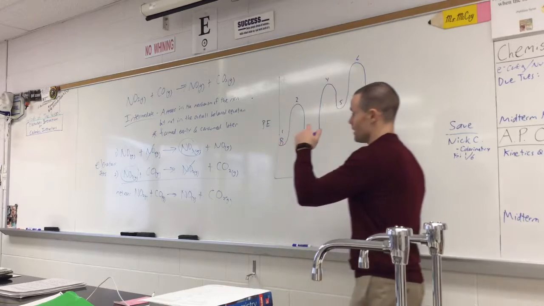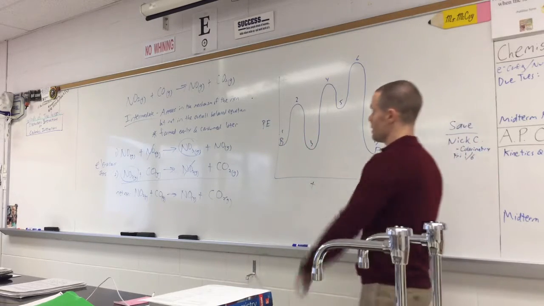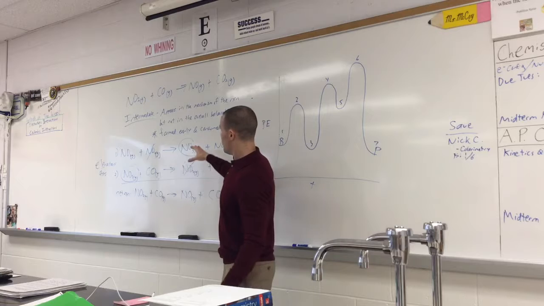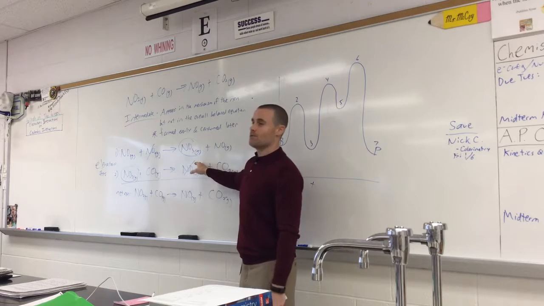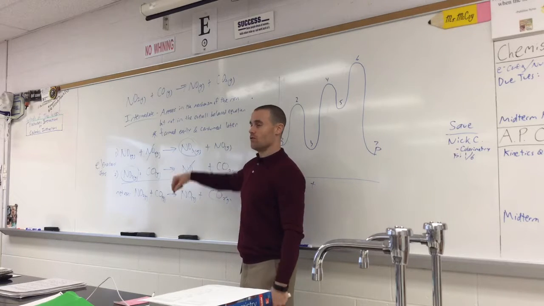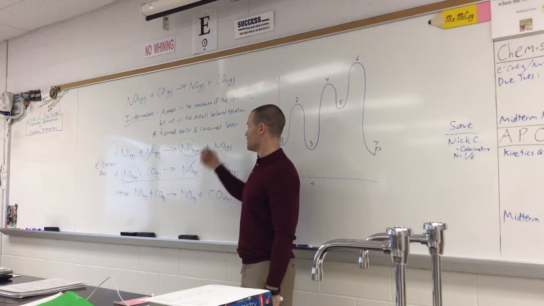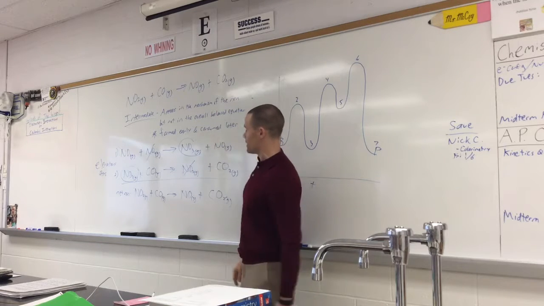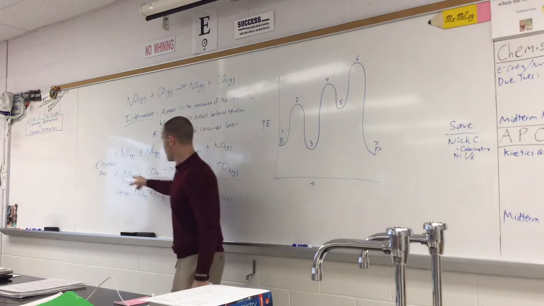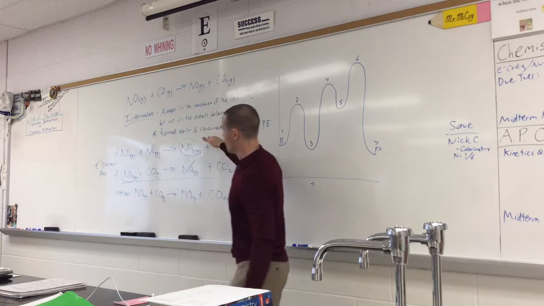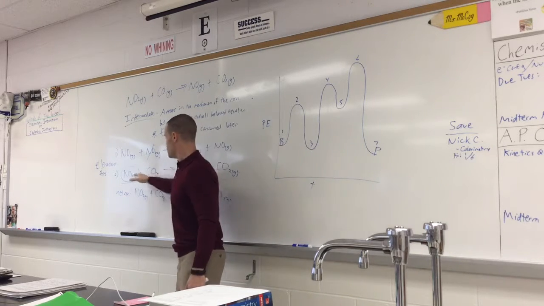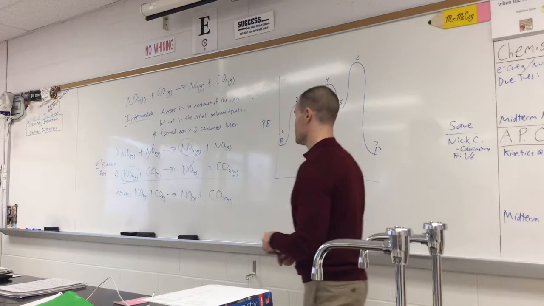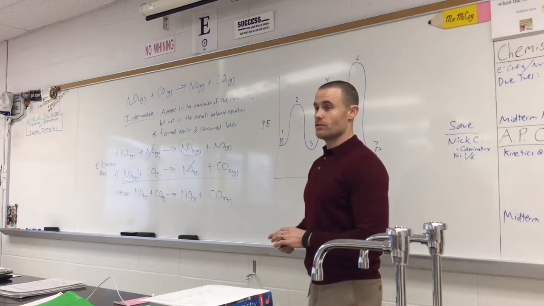The tricky part on an AP test or a quiz or a test that I might give you: if I give you the steps and ask what the overall is, you need to remember this. There are ways of figuring it out, but for sure, figuring out the intermediate, it's formed in the early step, and then it's used up in the second or later steps. Questions?